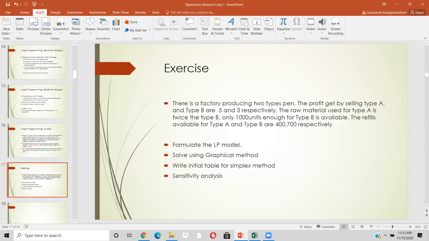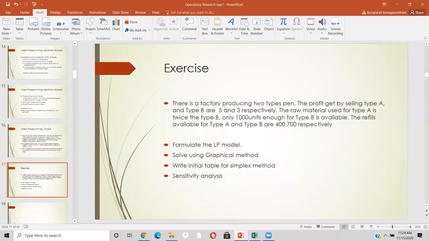They might ask you to formulate the LP model, solve using the graphical method, or understand the simplex tables solved by the simplex method. You don't need to do the iterations. You have to write the initial table, and the final table will be given in the paper itself.